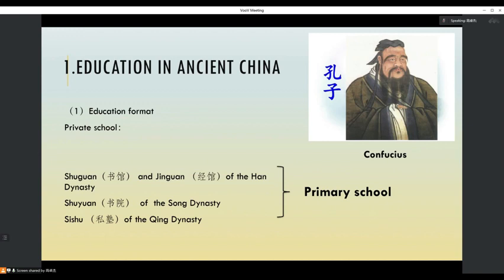In recent tens of years, the Chinese government founded some Confucius Institutes all around the world to teach foreign people Chinese culture and Chinese language. But the Confucius Institute is a newer thing, different from the private school, not the same school.